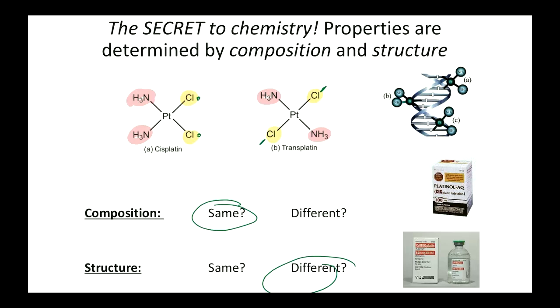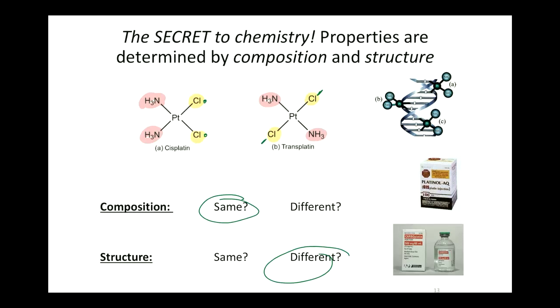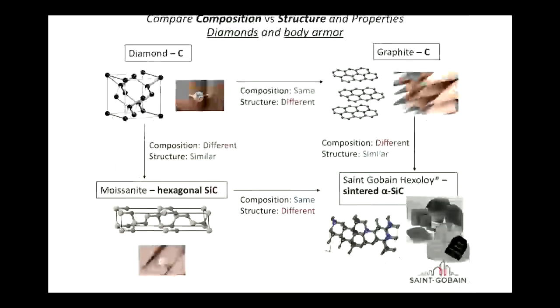So here's another example where composition is the same, structure is different. One of them kills cancer, the other one does nothing. Again, this highlights the idea that chemistry is not only the study of matter, but us relating composition and structure to these properties. I think that's cool. Do you think that one's cooler? Yeah, cancer, cool.